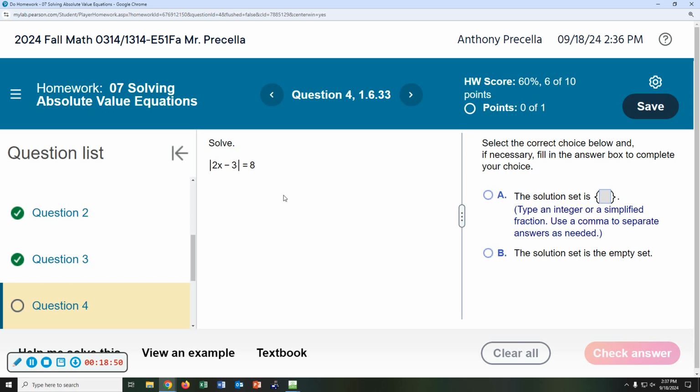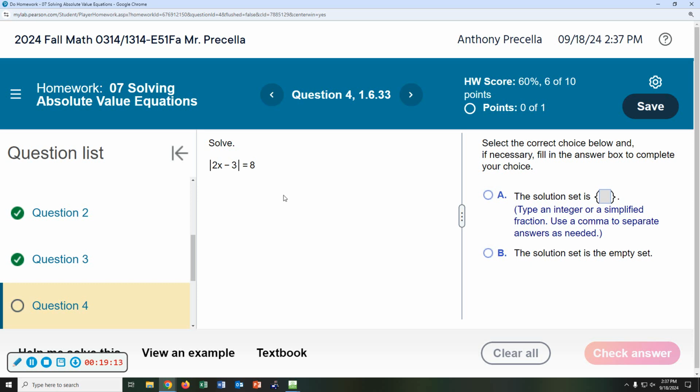Problem 4. Okay. Absolute value of 2x minus 3 equals 8. Absolute value. How do I always wind up getting the easier stuff to do? I'm not sure. Okay. 2x minus 3. This is not supposed to look like 12x minus 31.